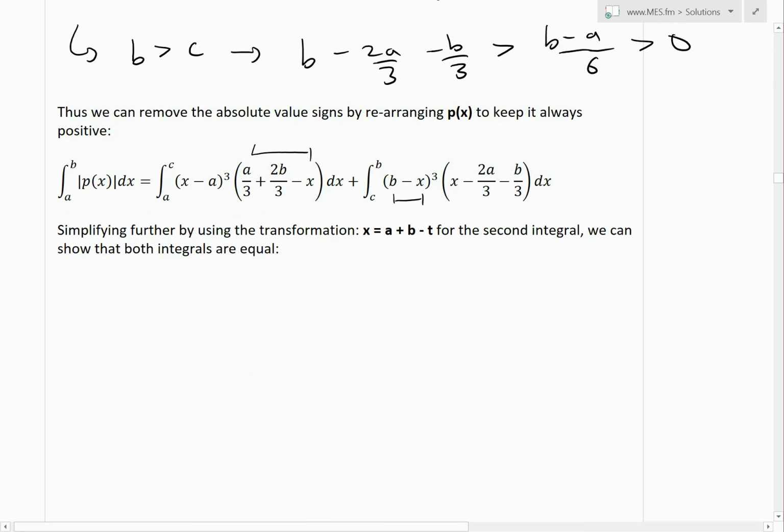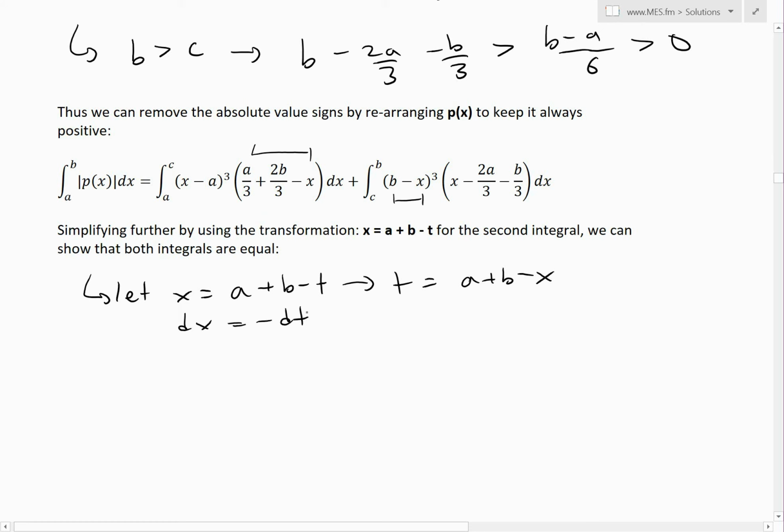And now simplifying further by using the transformation x equals a plus b minus t for the second integral, we can show that both integrals are equal. So what we do is let x equals a plus b minus t. Then t is going to be equal to, we'll just move it over, a plus b minus x. The derivative dx equals negative dt.